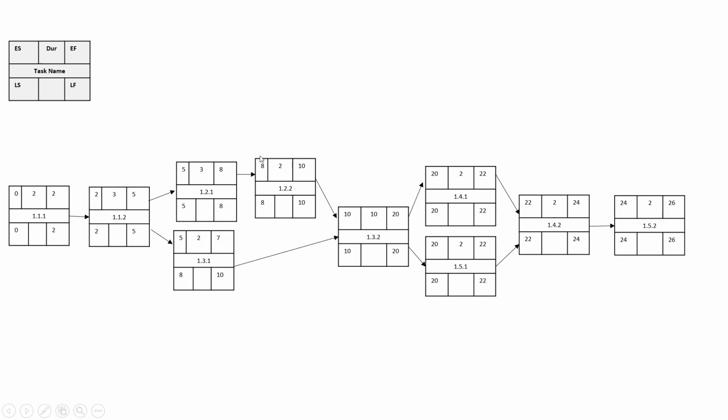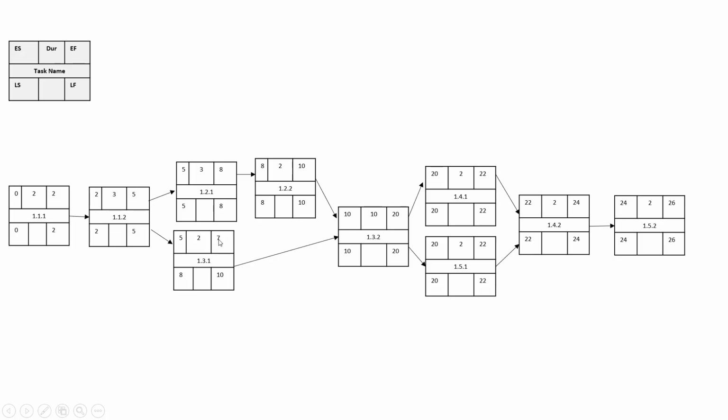Again, we carry over the 8 to the early start of the next task, and we add the duration of 2 days to it to calculate the early finish, which will give us 8 plus 2 is 10. Again, this one below, we carried the early finish of this task to the early start of the next task, and we added the duration of this task to it to calculate its early finish, which gave us 7.